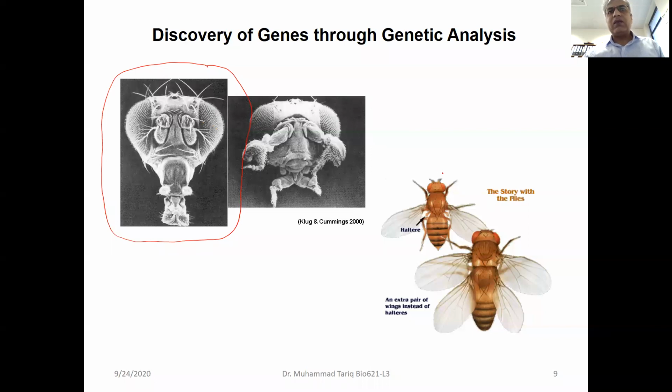this is the adult fly, this one. And the fly body is divided into 3 main segments. We call them head region, thorax, and this is the abdomen.